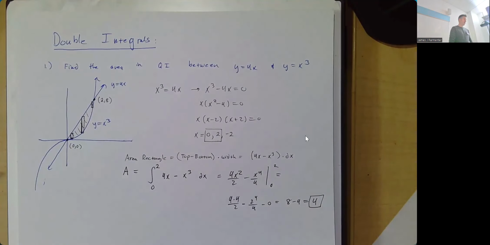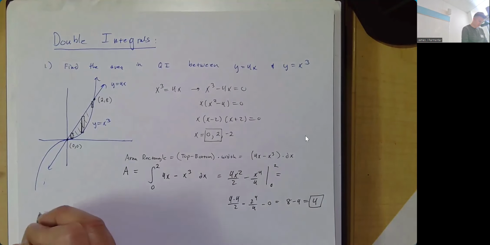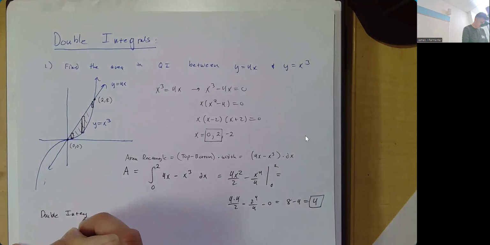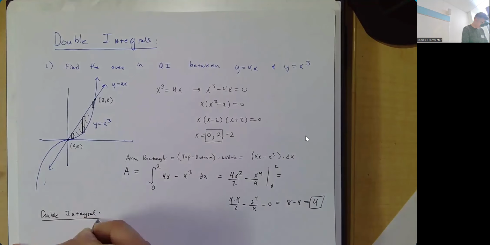Okay, here's how we do this using a double integral. So you're going to have two integrals. The inner integral, the lower limit of integration is going to be your bottom function.